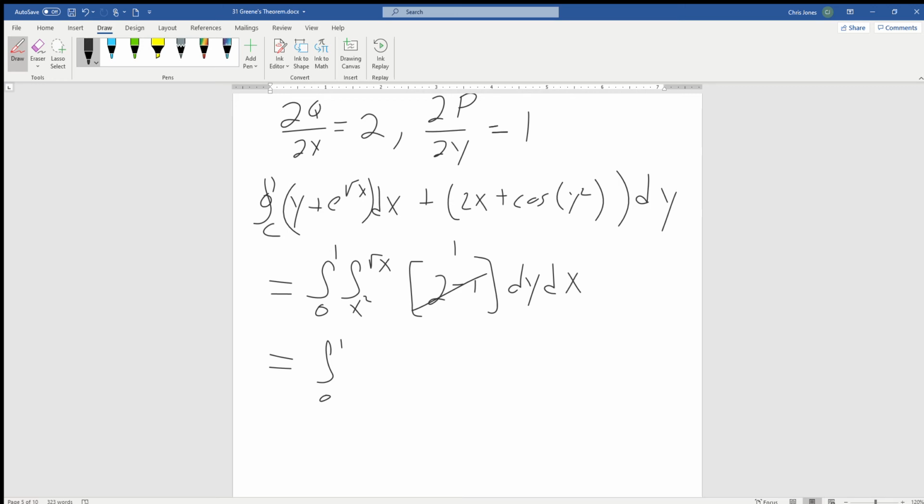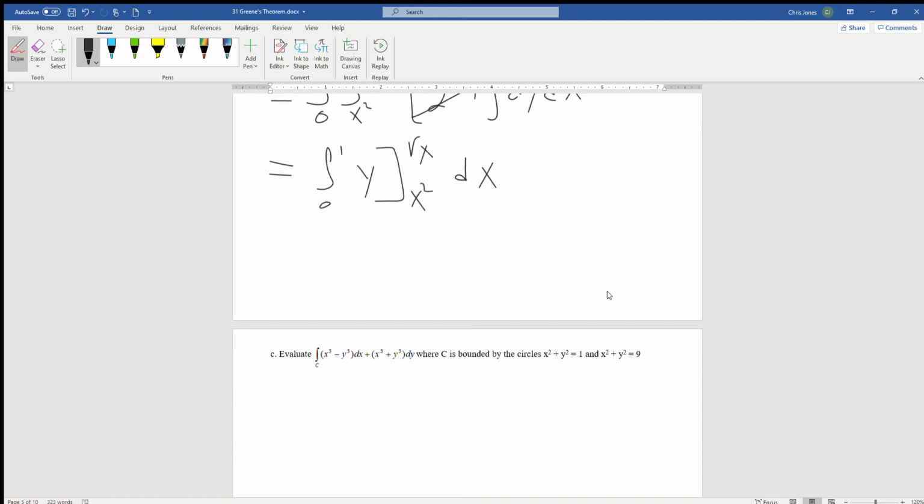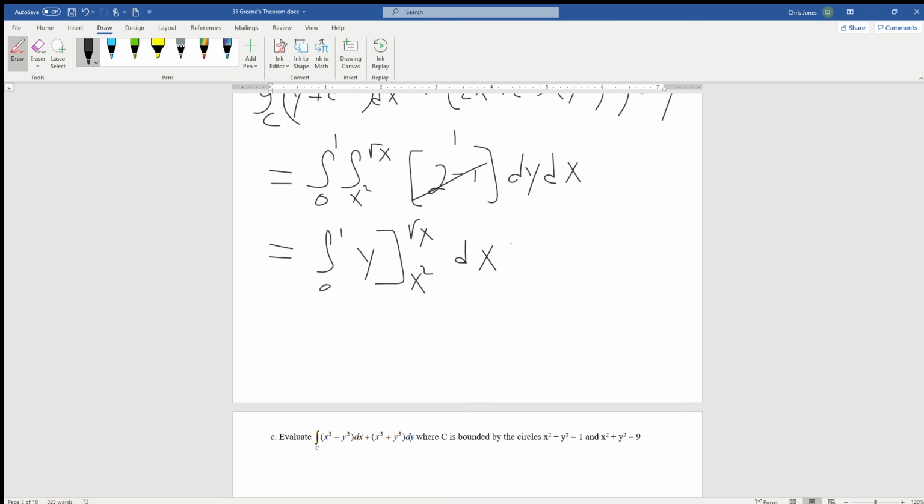So we just get y going from x squared to root x, dx. We substitute and subtract, so that's equal to the integral from 0 to 1 of root x minus x squared dx.